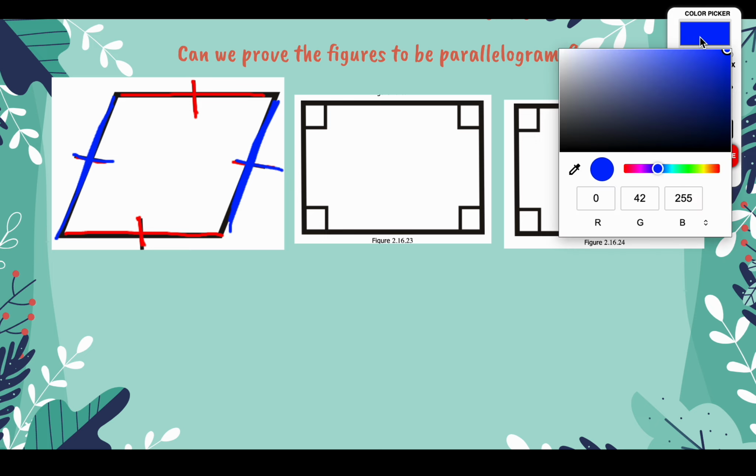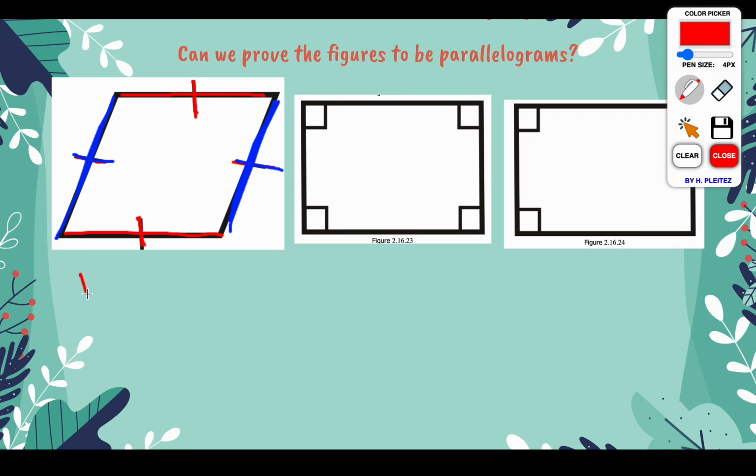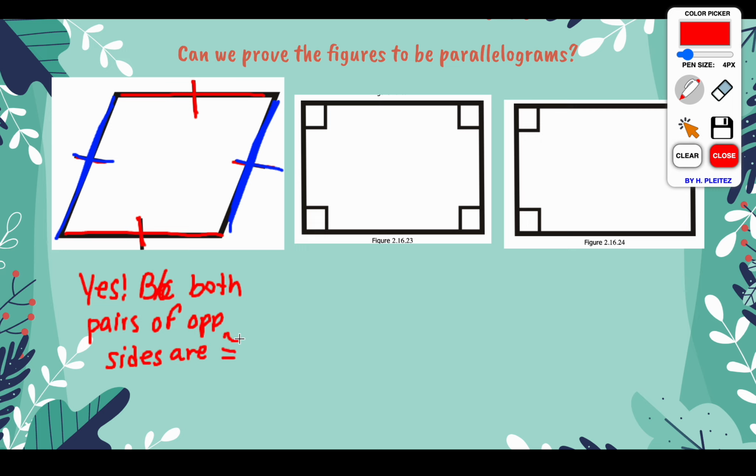It doesn't really matter that they're all congruent to each other because we're still satisfying that criteria of both pairs of opposite sides being congruent. So yes, it is a parallelogram because both pairs of opposite sides are congruent.